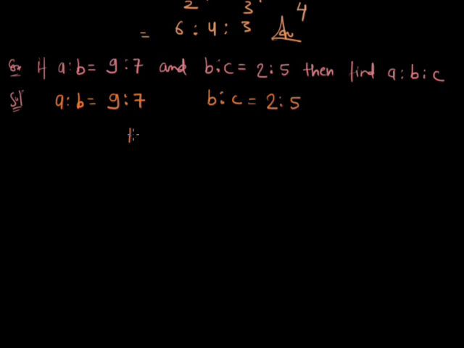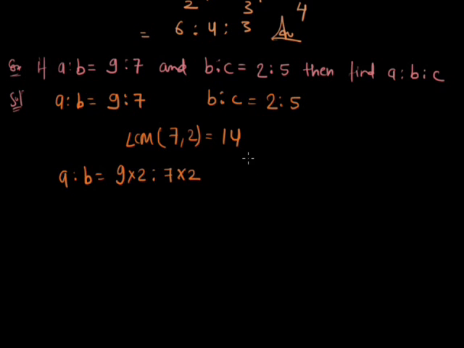So find the LCM of 7 and 2. It is 14. So we have to make this 7 into 14. We can multiply 9 into 2 and 7 into 2.